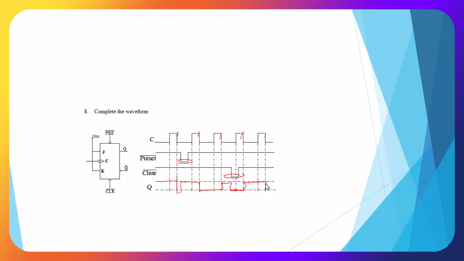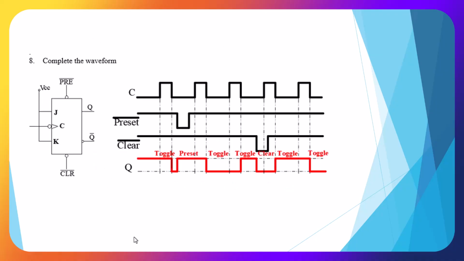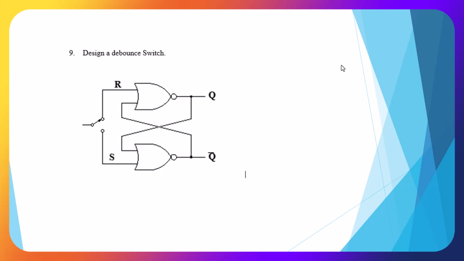And we're going to toggle and out. So let's see how well we did. Okay, so we have our preset and our clear, and we toggle on each of the negative edges, and it looks correct.